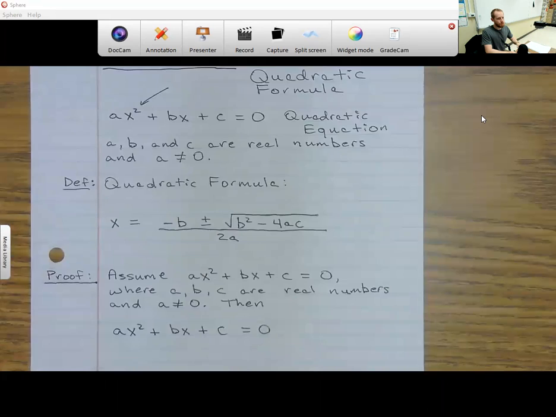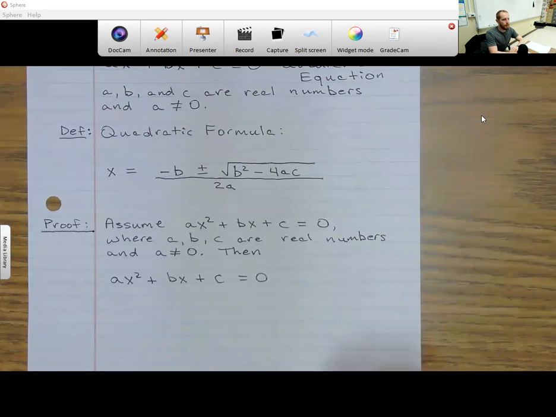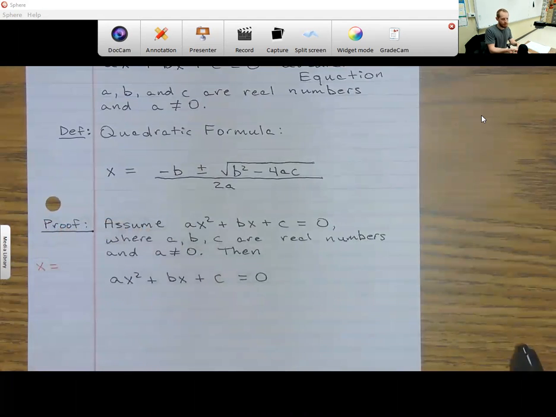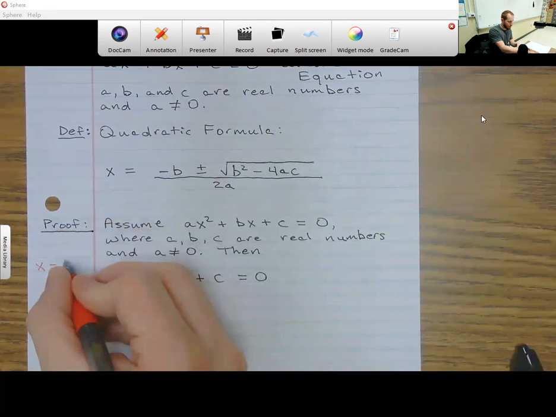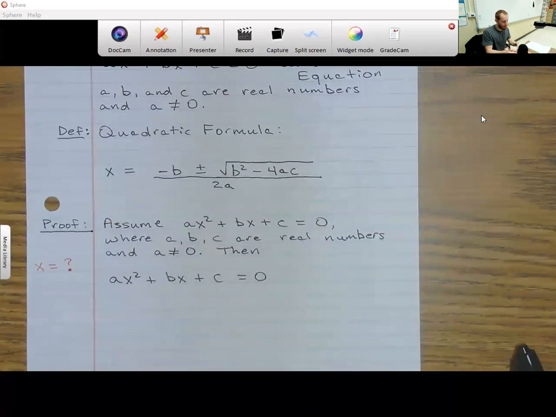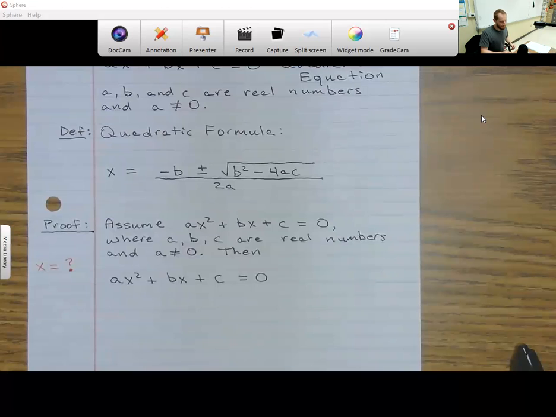So what I want to do with this is do some steps to this equation so that at the very end, I'm going to have x by itself on one side. And then everything else, the a, the b, and the c, they're all going to be on the right side. So basically, I'm just trying to get x by itself. All right. And there's a couple steps that we're going to take to get to that point.